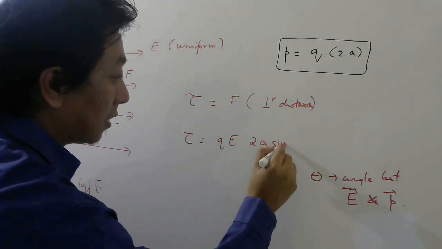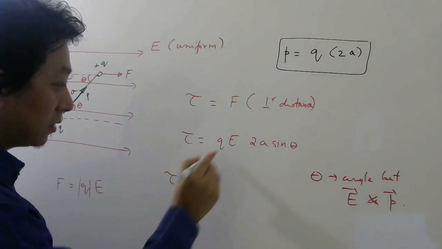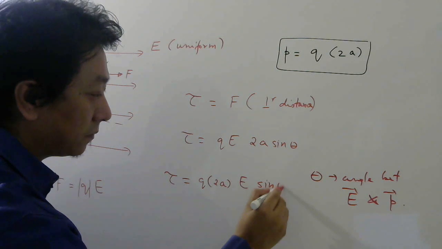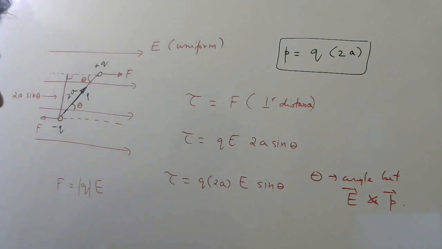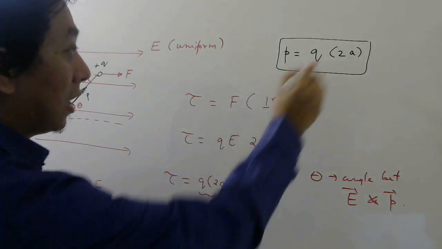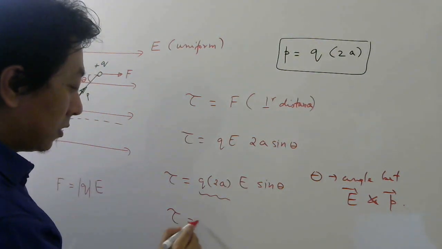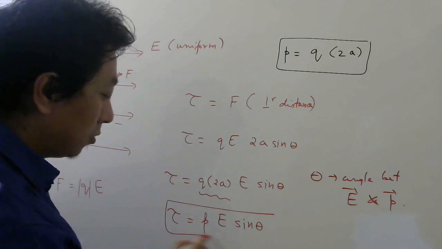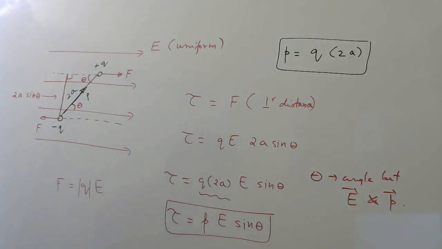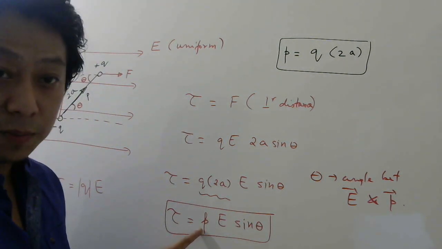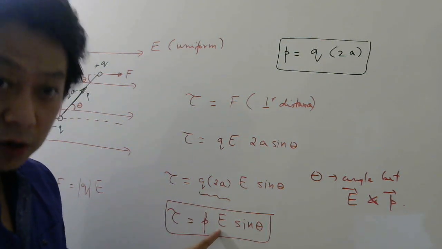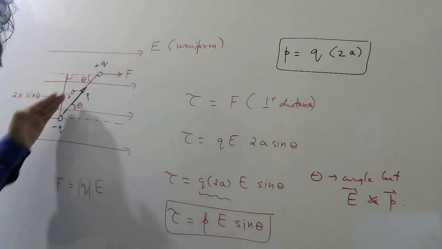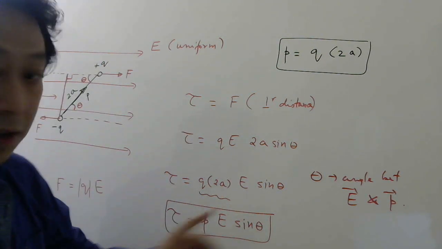Then I can write this as q into 2a separately, E sine theta. Then you can see this quantity is what? Dipole moment of the dipole. So I can write PE sine theta. So this is the formula to use in order to calculate torque experienced by a dipole kept in a uniform electric field when the angle between dipole moment and electric field is theta.